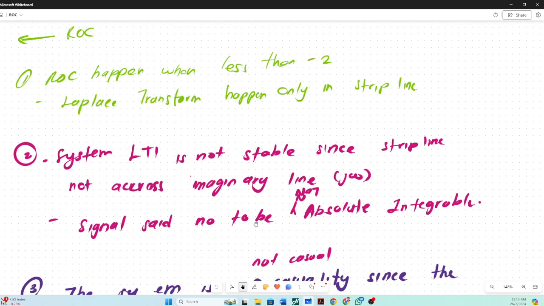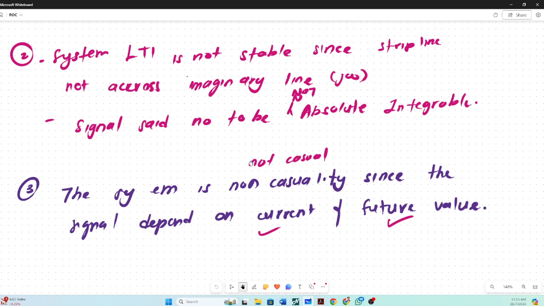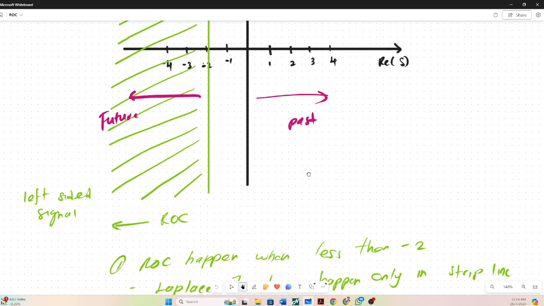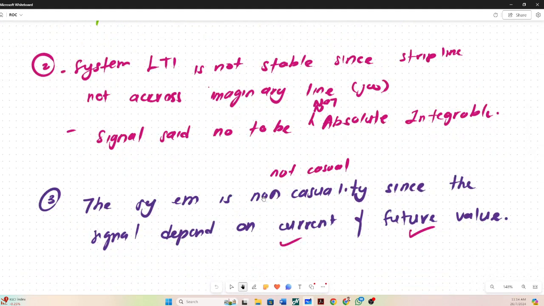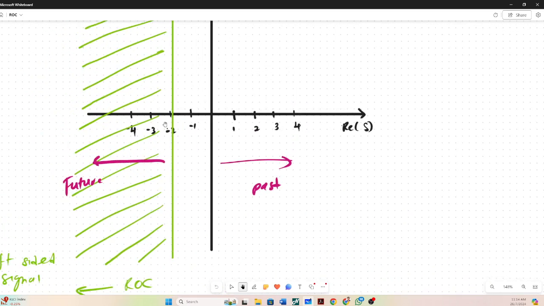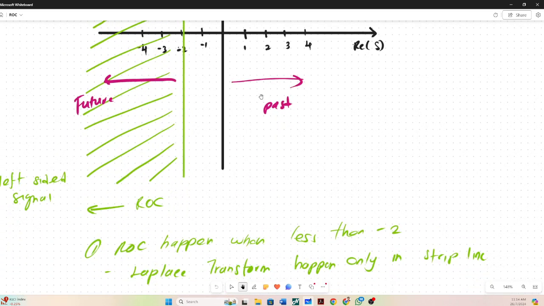So the signal is not absolutely integrable, and the system is not causal, it is non-causal, because the system is at the left side, so it only depends on future elements, not past elements. So we can say that the system is unstable and non-causal for the second example.